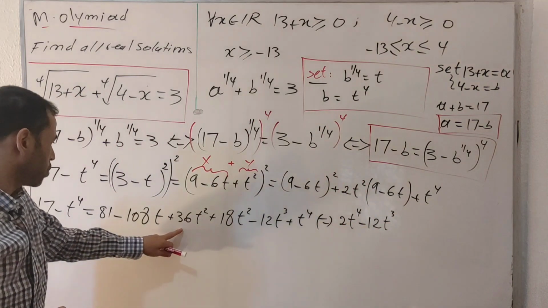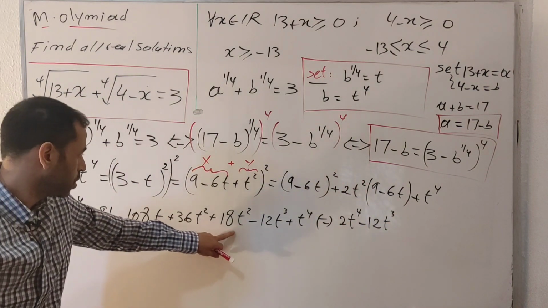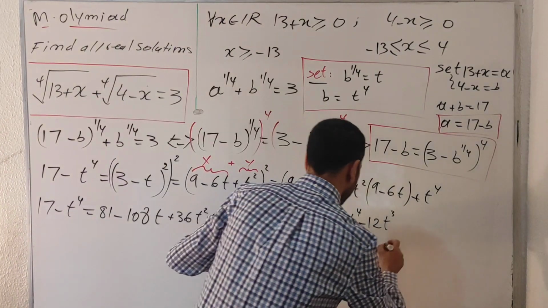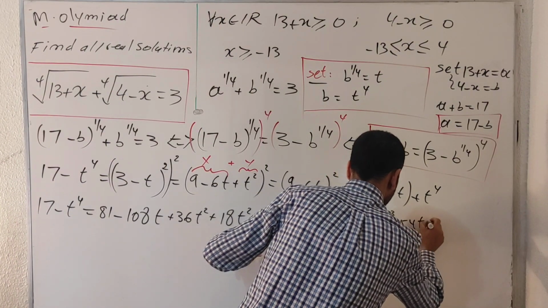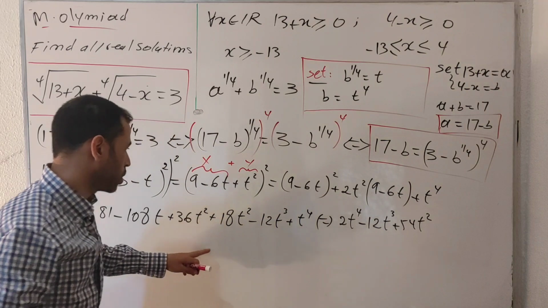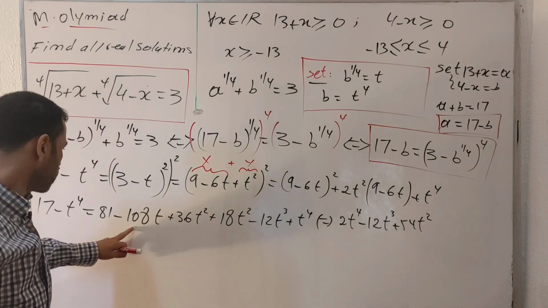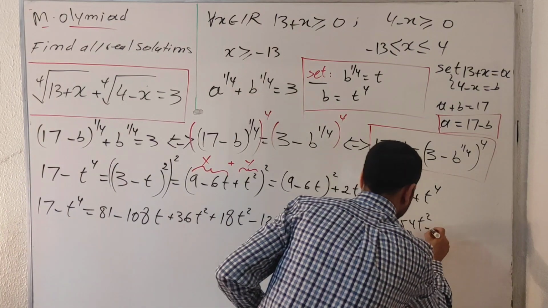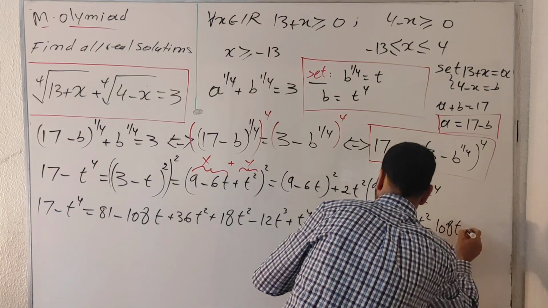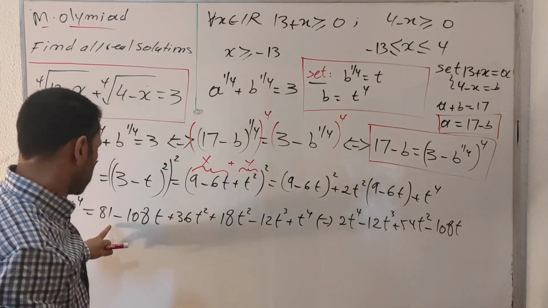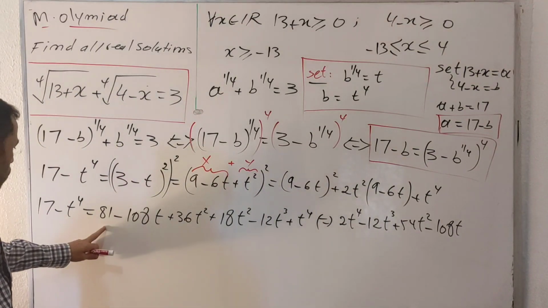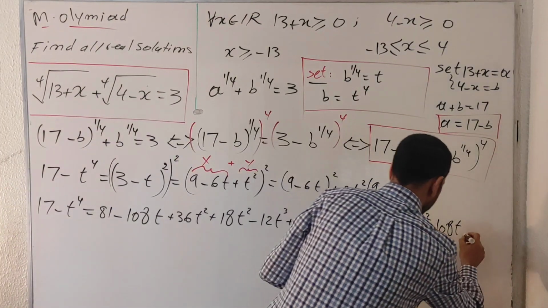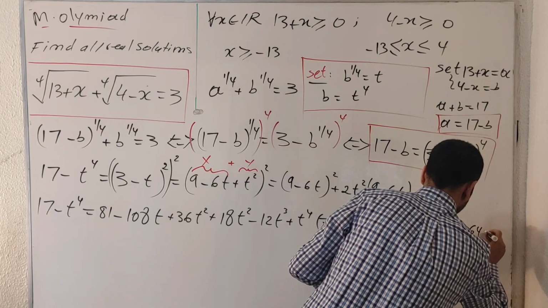I will get 36t squared plus 18t squared, which is 54t squared. Also, I will have minus 108t, plus this term 81 minus 17, which gives us 64, equals 0.